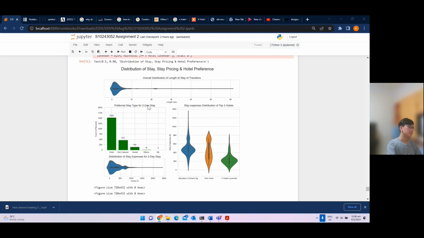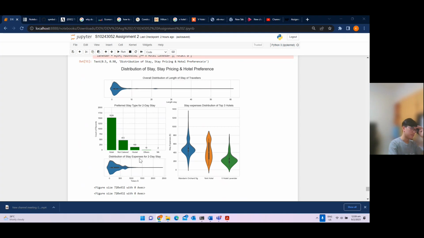For the preferred stay type for a 2 day stay, I actually got the hotel being the most count, followed by not catered and hostel. So hotel is the most popular option. Based on that, we realized the stay expenses are quite high, but at the same time not too high, because $1,000 has the lowest frequency.